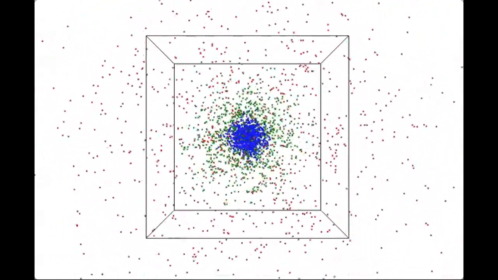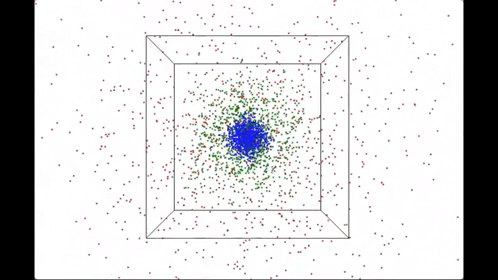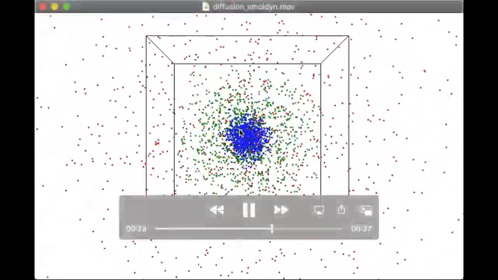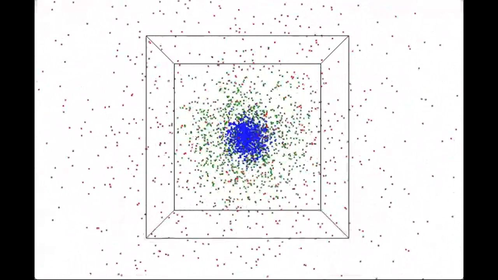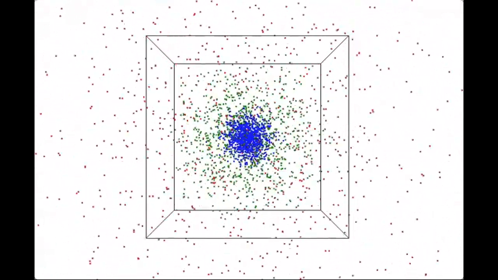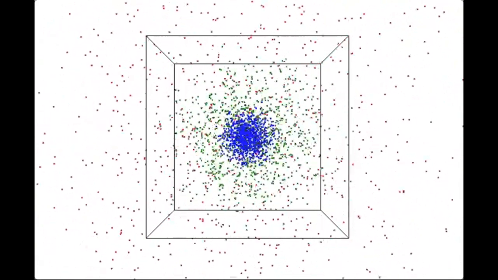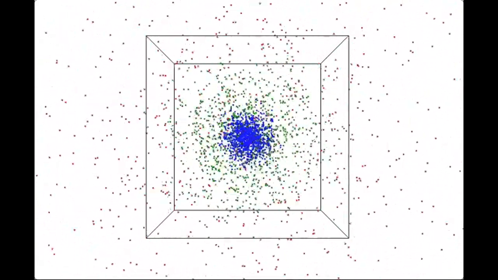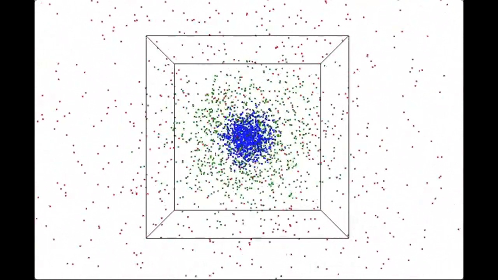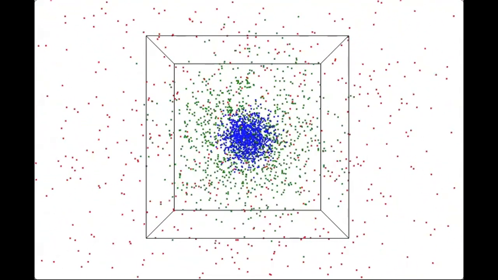And you can see that they gradually spread out from their center position at 0, 0, 0, and they go outwards and outwards. And if we would wait a very long time, then this would all equalize over the entire box. Okay. Go back to my screen.